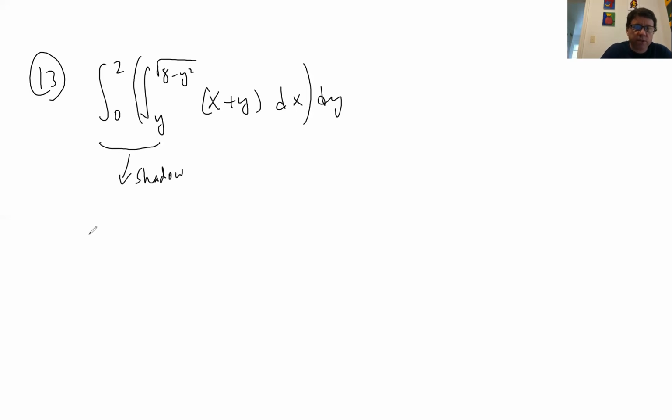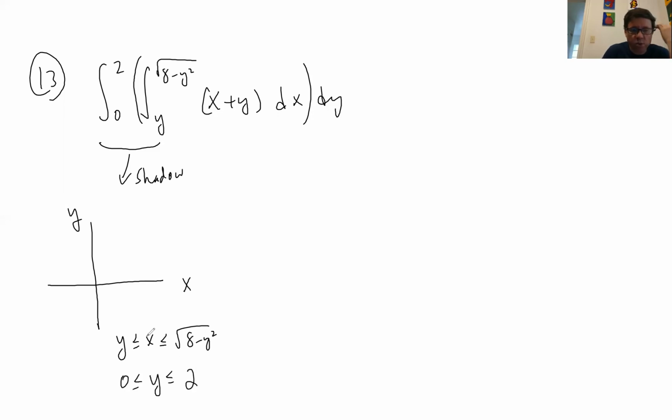What is the shadow region here? X, Y. Okay, so x is between y and the square root of 8 minus y squared, but only for the values from 0 to 2.